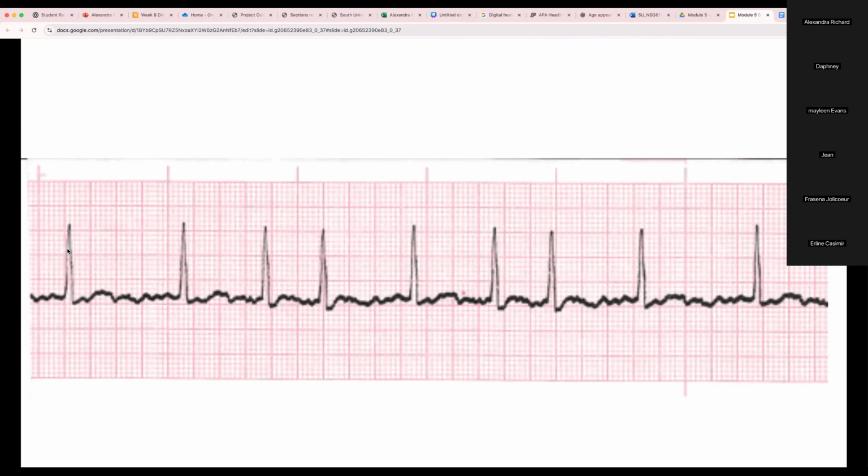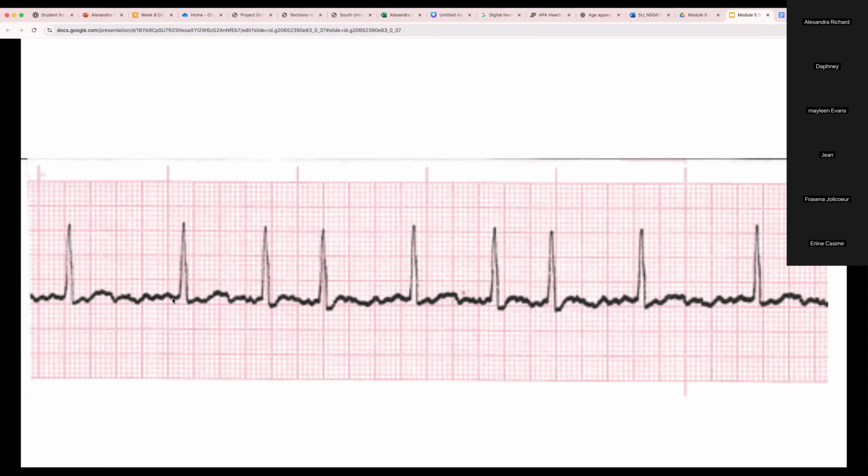So if you see from the first one to the second one, that's one distance. Then from the second to the third comes a little closer. Then from the third to the fourth comes a little closer. Then from the fourth to the fifth, that's a different distance. So because the distances between the QRSs vary, this is not sinus rhythm. In fact, there's no discernible P waves.